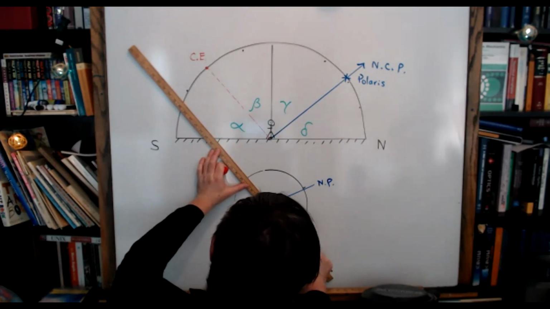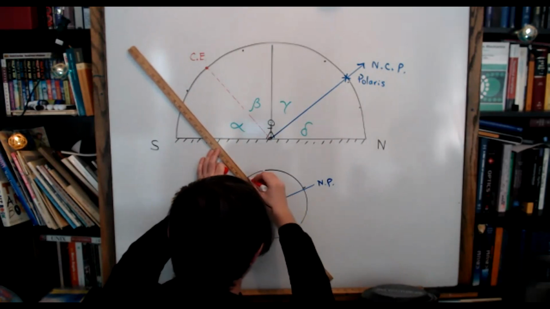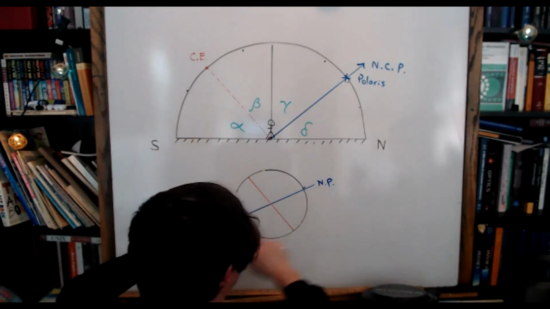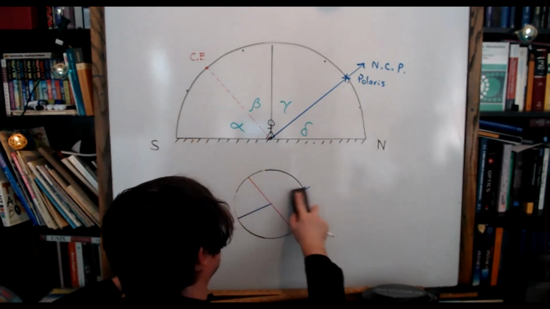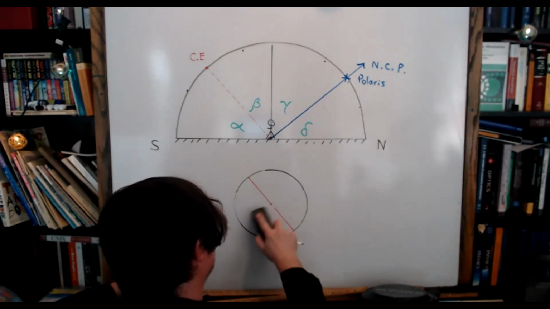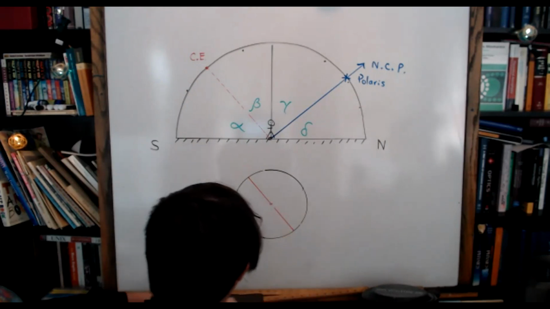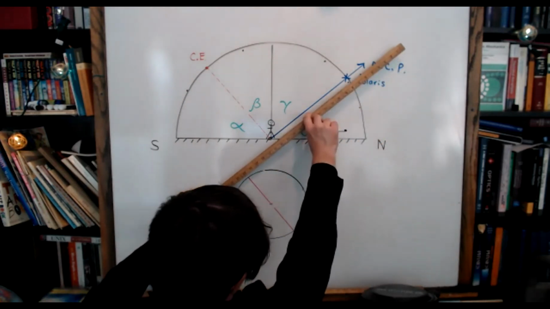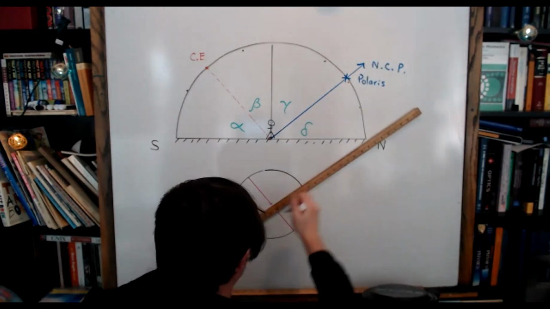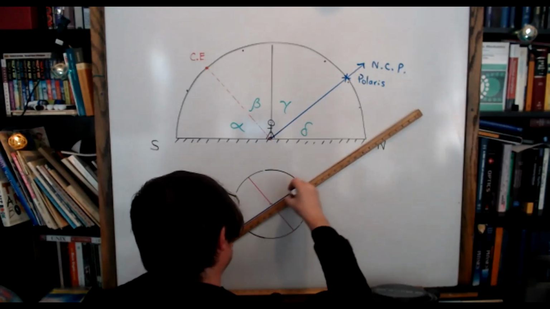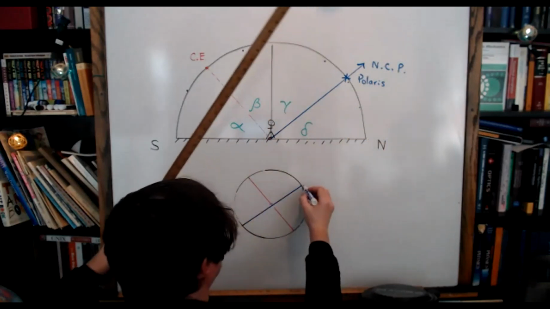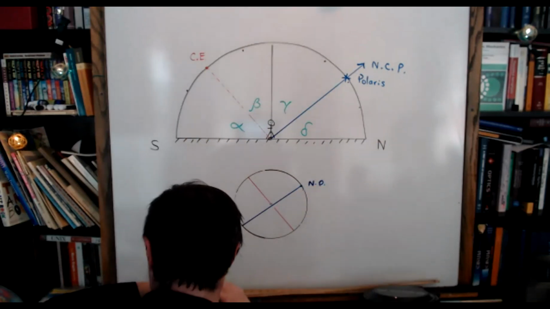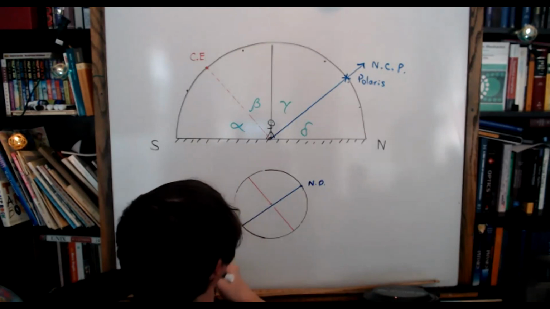Hold on a second. The North Pole and the equator have to be in the same direction as the sky for this diagram to work. So bear with me. That equator looks better. Make it parallel. There's your North Pole. And now let me put an observer here.